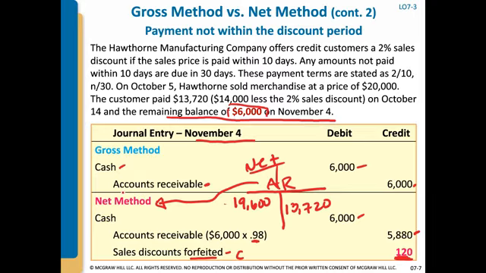And that leaves us a balance of 5,880. So when we pay the rest of it off outside the discount period, we have to credit whatever is remaining, right? So we have to zero out our accounts receivable because we are not owed that money anymore. So under the net method, you have to credit your accounts receivable what it's booked at, which was the 5,880, and the plug is to this sales discount forfeited.